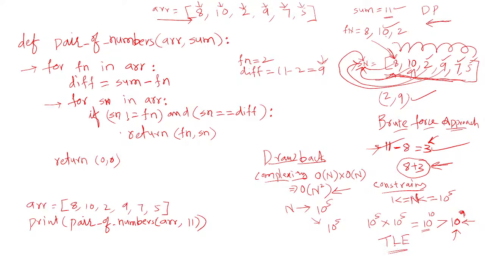That means your program never ends. After some time you will get this TLE error, time limit exceeded error. So always see that your program input size should not exceed 10 to the power of 9. It should be less than or equal to 10 to the power of 9.